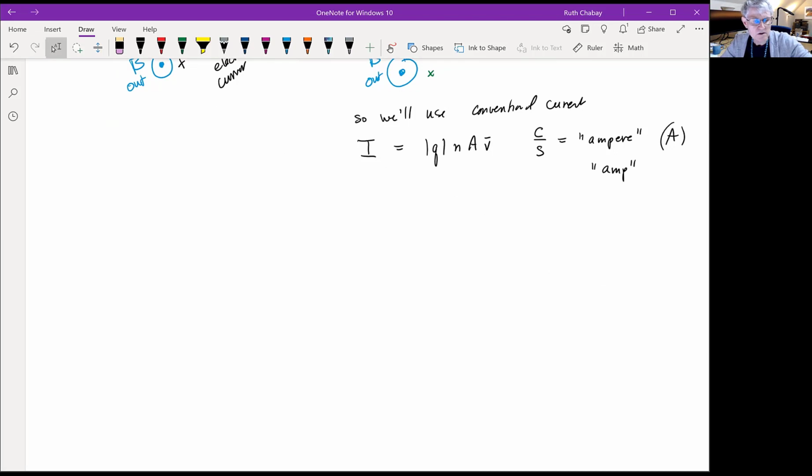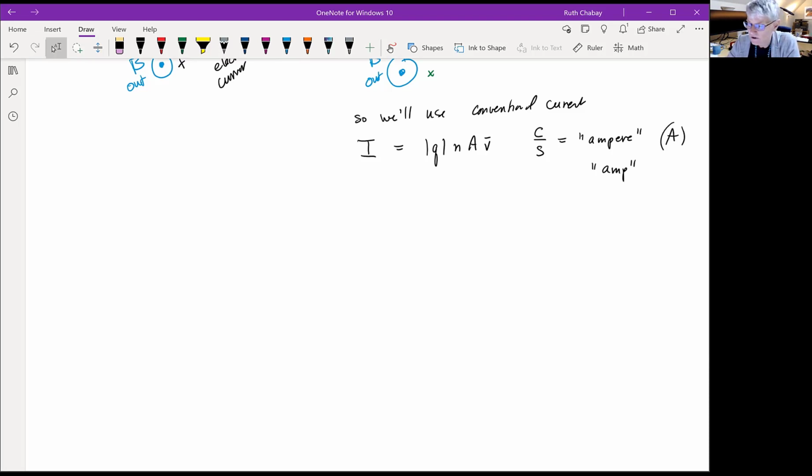Okay, so now we're ready to predict the magnetic field made by a current in a wire. We're going to divide the current into pieces, approximate each piece as a moving point charge, get an expression for the magnetic field contributed by one piece, add them up and check.